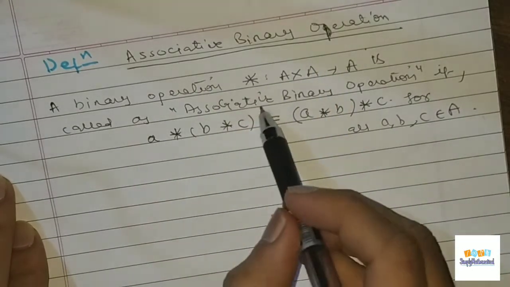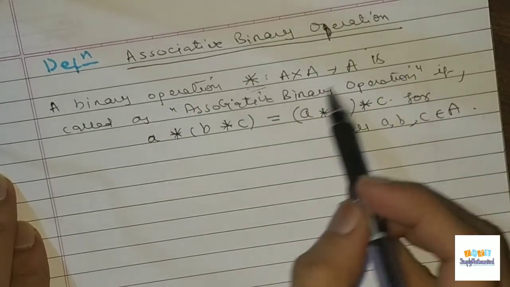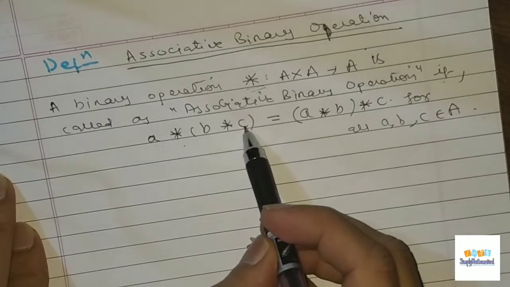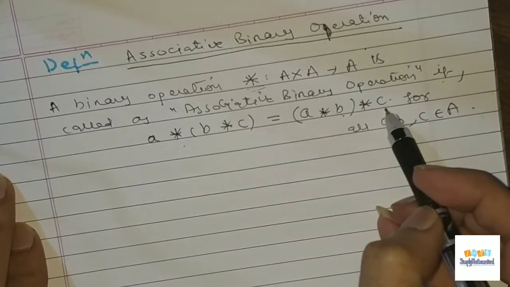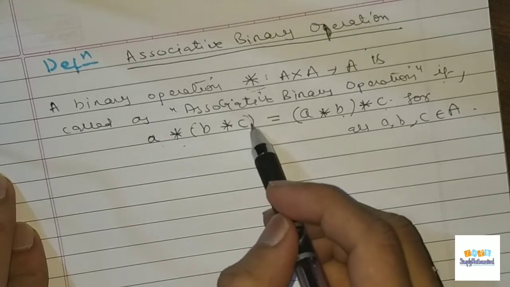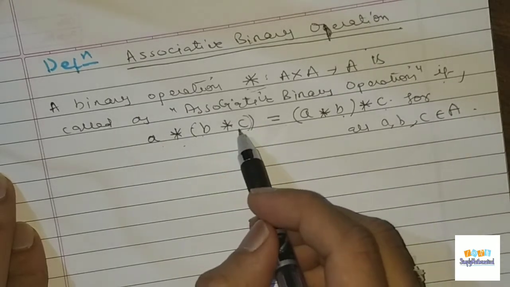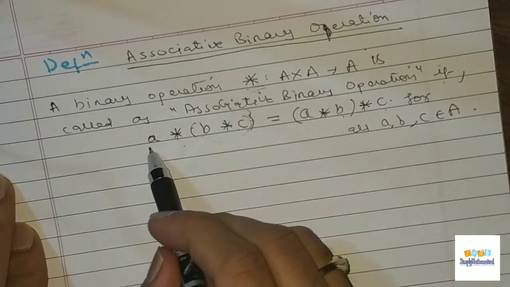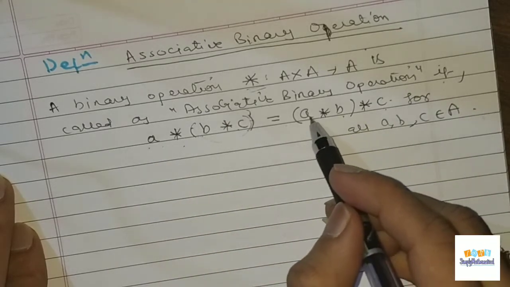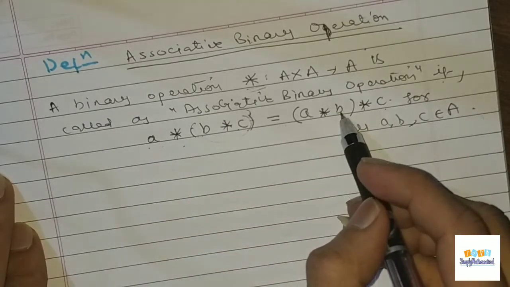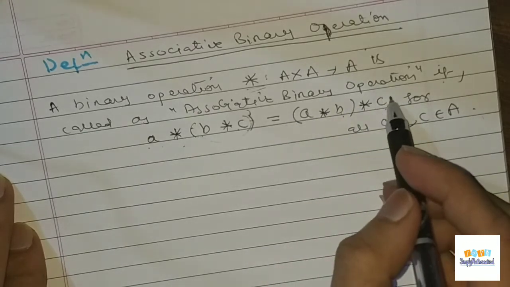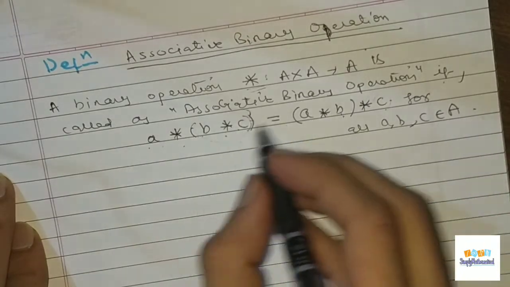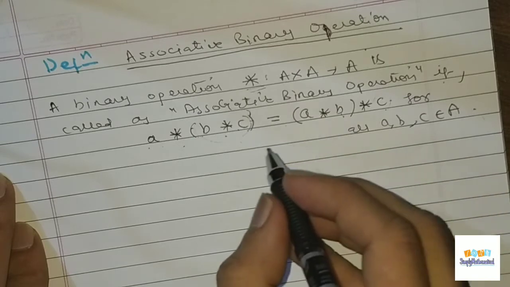So what is the associative binary operation? First of all, it is a binary operation, and it is called associative if A star (B star C) is equal to (A star B) star C. So here, first you are operating two elements B and C, and the result that you get, you are operating it with A. And here, first you are operating elements A and B, and the result that you get, you are operating it with C. So now those two orders of operation are equal.